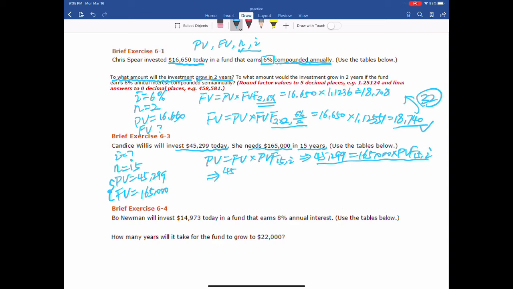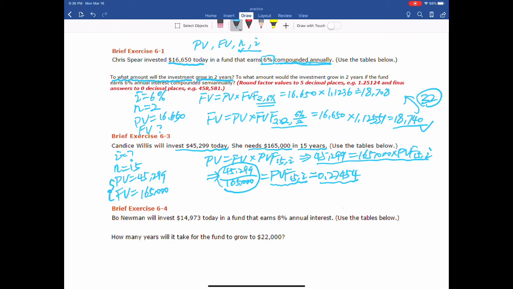So this will be 45,299 divided by 165,000, which equals the present value factor for 15 and I. The part I circled, you can calculate. Its value is 0.27454.